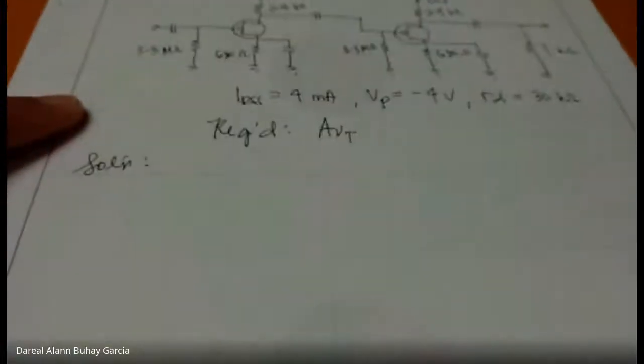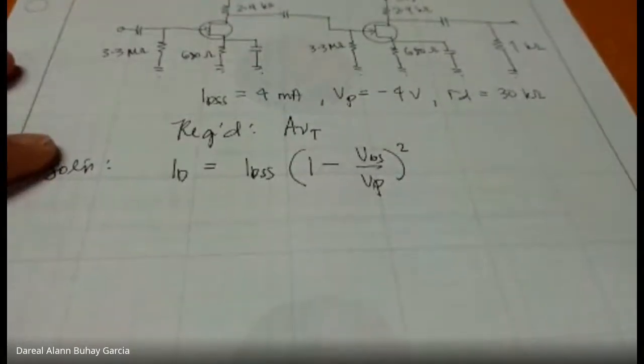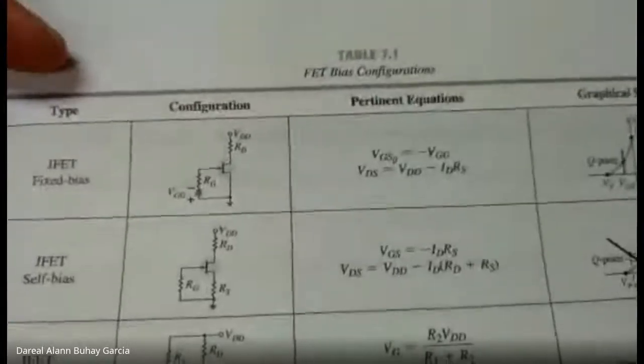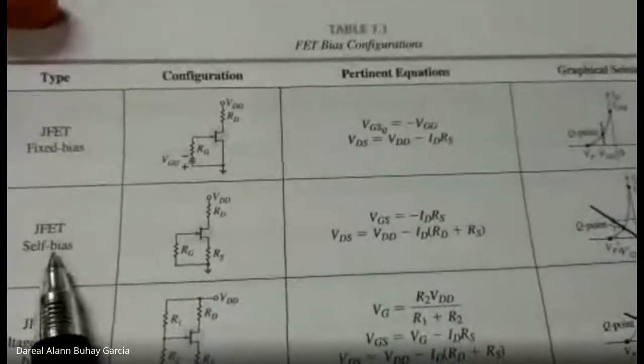I think mao na itong first nga pangitaon nato. Solve for ID. ID is IDSS times one minus VGS over VP, squared. So, may self-bias. So, di na ako mag-derive. Mag-refer na lang ko sa akong table.